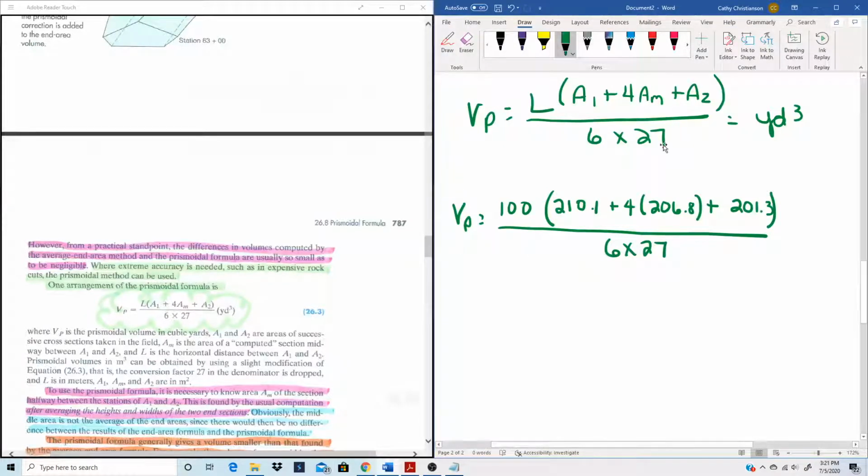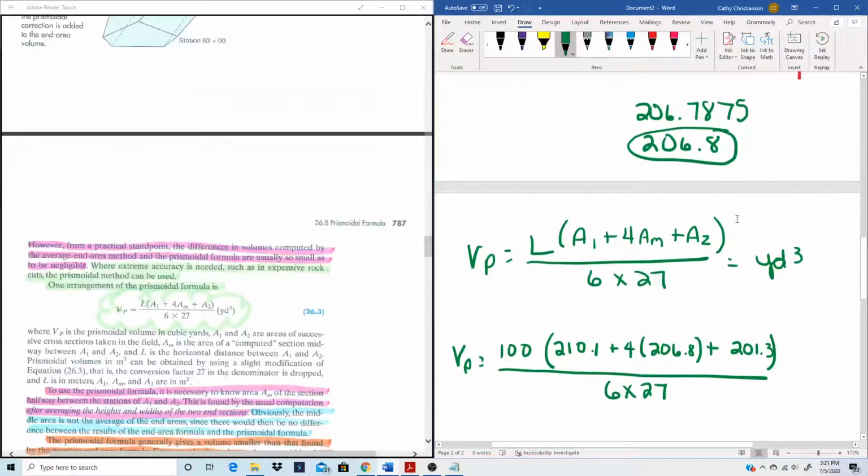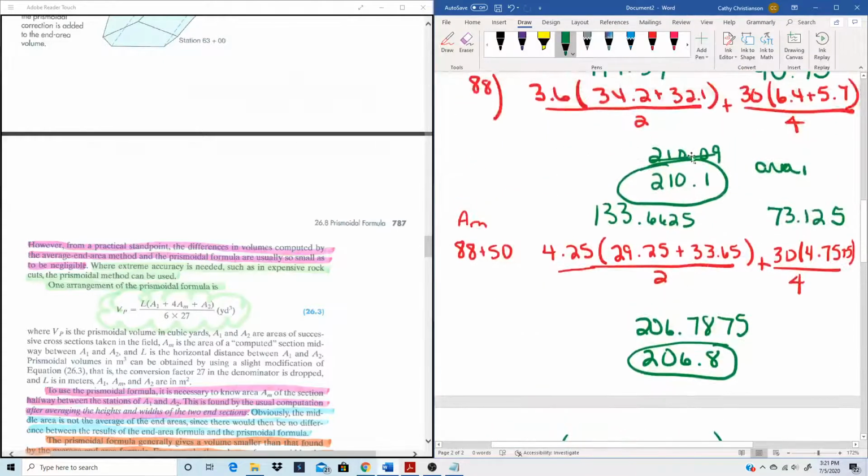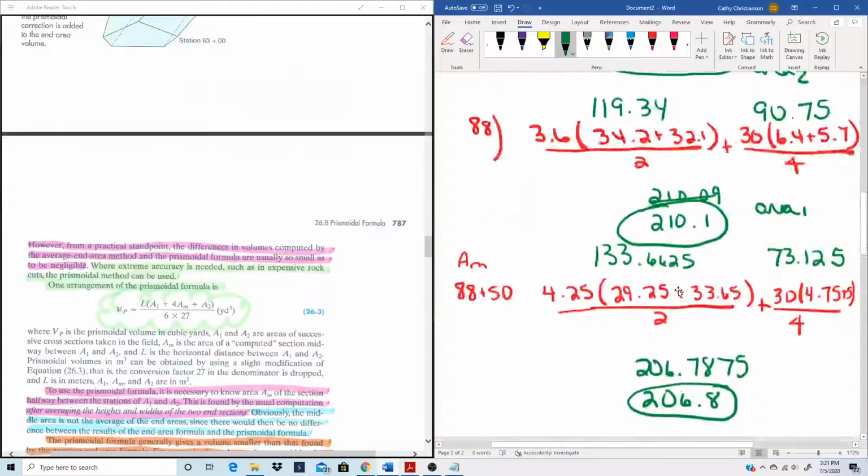and make sure I got my numbers right. 210.1, 206.8, 201.3. 206.8, 210.1, 201.3.